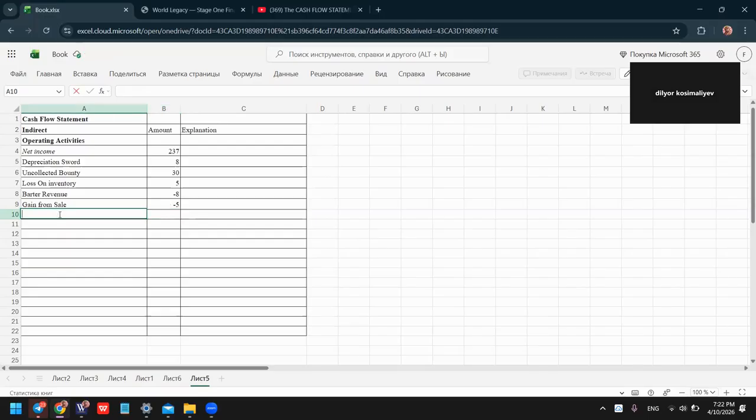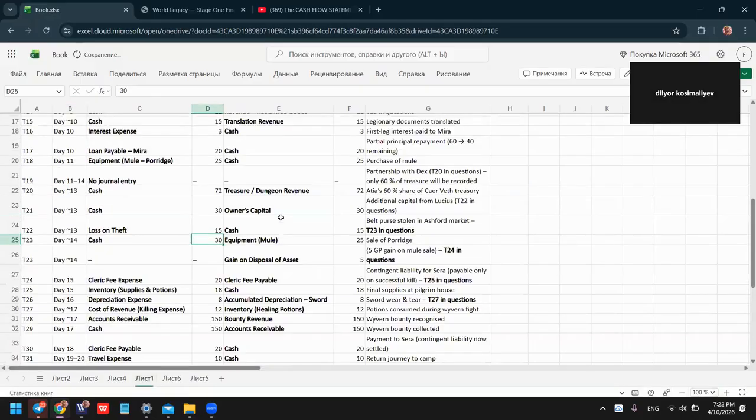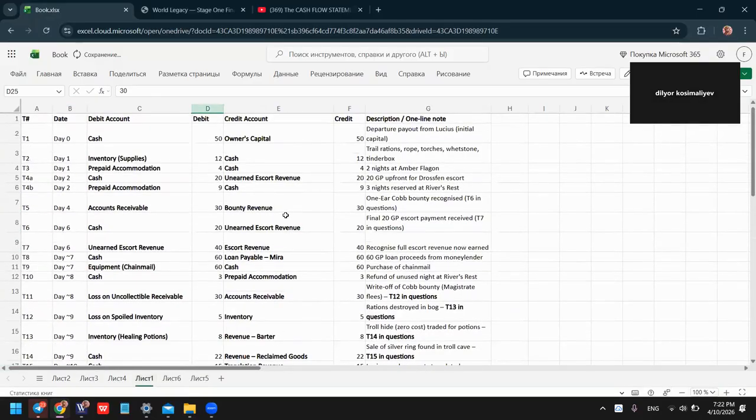The next thing we have is increase in inventory. So about inventory, actually we have in journal entries a lot of transactions with it. So it will be better for us to calculate the total. So it's 12.